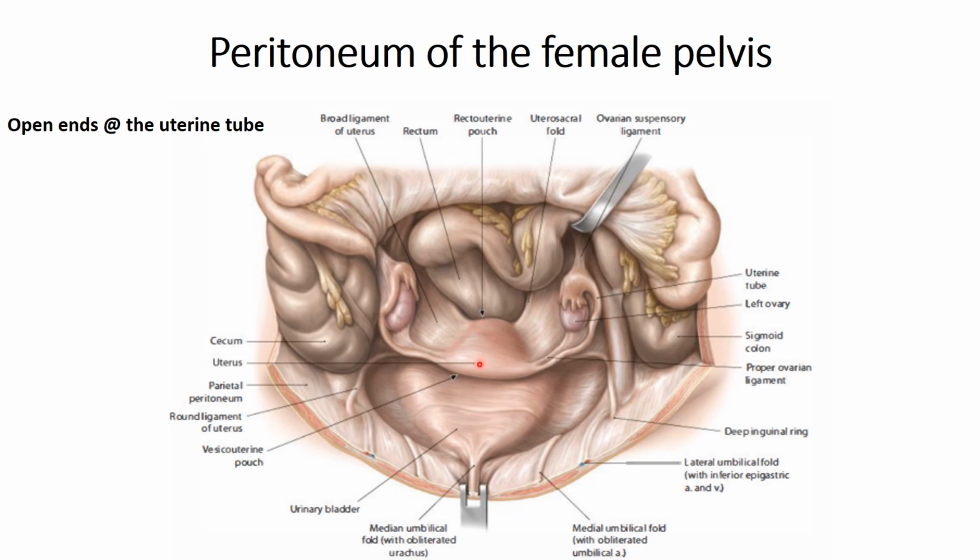Now these anterior and posterior peritoneal coverings of the uterus are reflected onto the side wall of the pelvis, creating this broad ligament, and along its upper free border, this broad ligament contains the uterine tube, and the peritoneal cavity is open at the lateral end of the uterine tube, and along its posterior surface it contains the ovary.